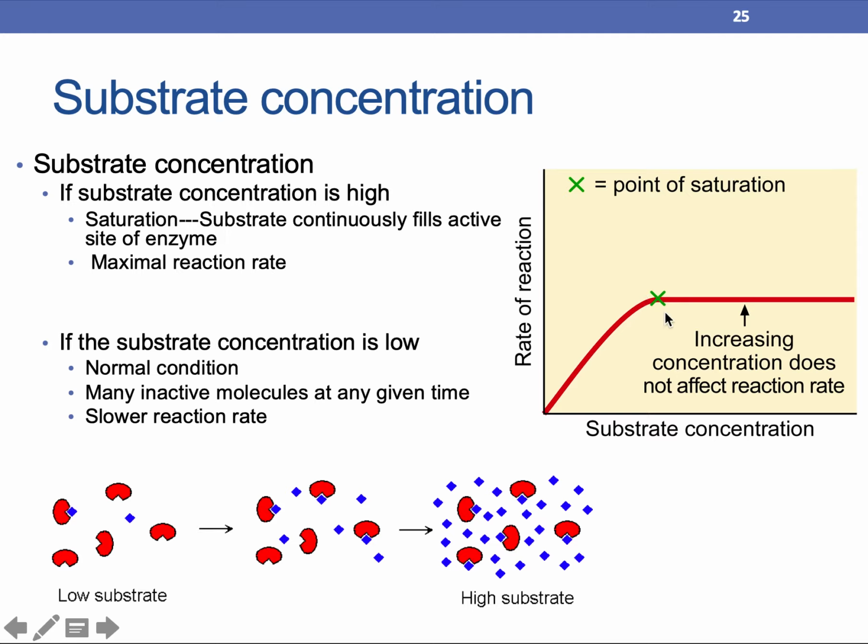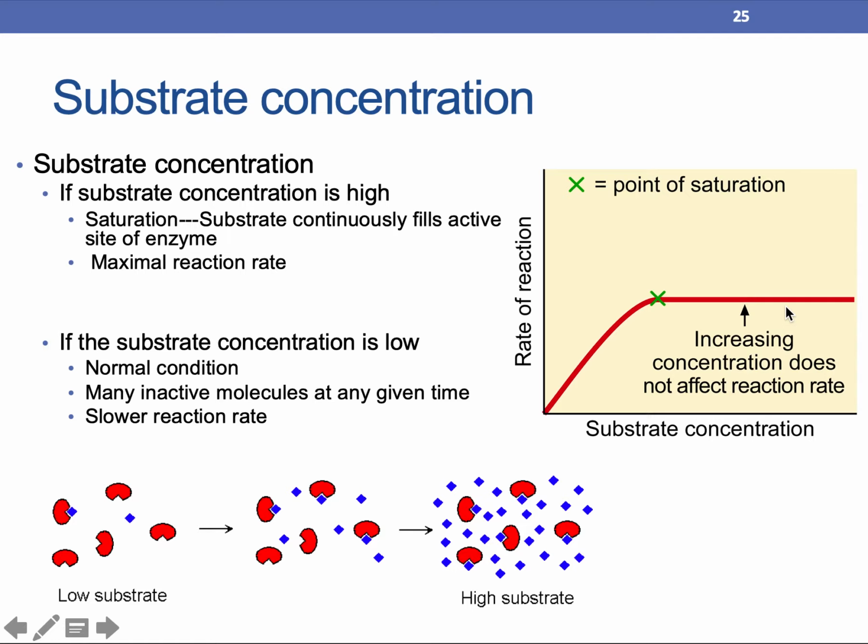At the point of saturation, you have the right amount of substrates for that concentration of enzyme that is present. And there is enough interaction going on between the active site of the enzymes and the substrate. So even if you should add more substrate to it, you cannot increase the rate of reaction because there aren't more enzymes available.